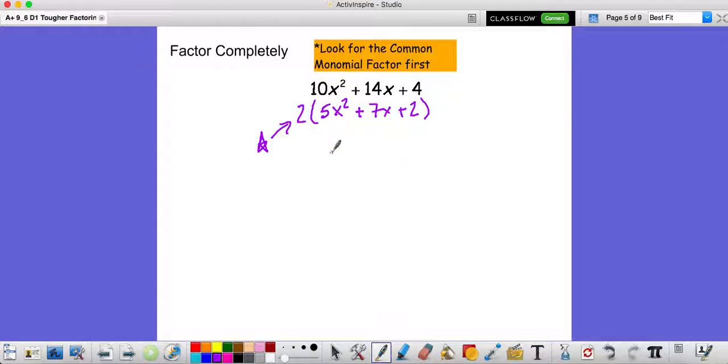Slip, slip, slide. So x squared plus 7x plus 5 times 2 is 10. Factor this normally. X plus 5 times x plus 2. Those multiply to 10 but add to 7. Now we divide in the 5.